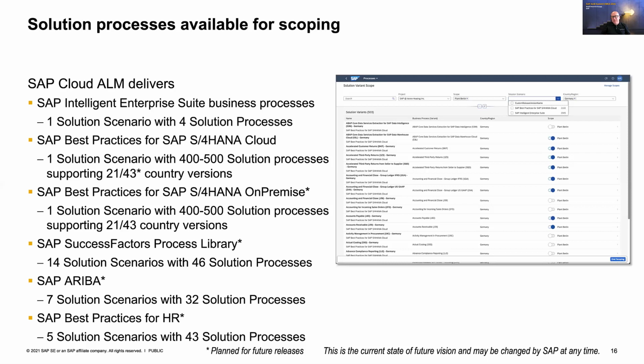And as you can see from that picture here, the scope of processes will grow and grow over time. And even now, we are on the way of extending the process coverage dramatically. So that will be a big step forward. Especially if we have the SuccessFactors content in, and I will show you in the demo in a second.